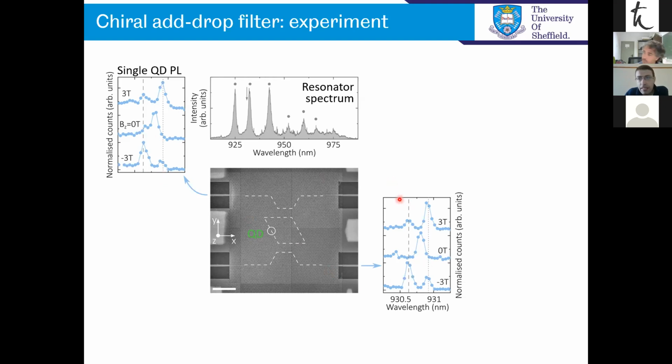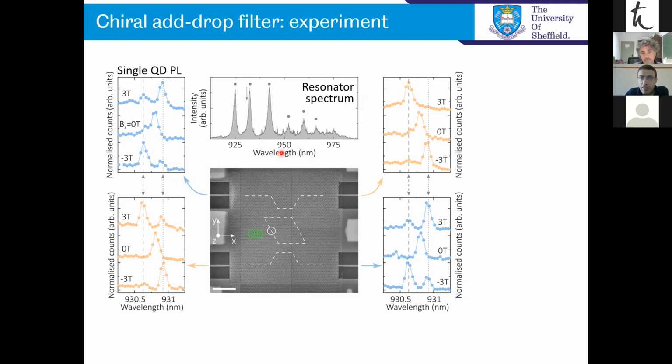However, when we apply the magnetic field, we split the Zeeman states and we get the two different circular polarizations. Under a 3 Tesla field, the long wavelength peak is seen in both cases, and if you flip the sign of the field, it becomes the short wavelength peak seen in both cases. The situation is quite different when you look at the opposing ports.